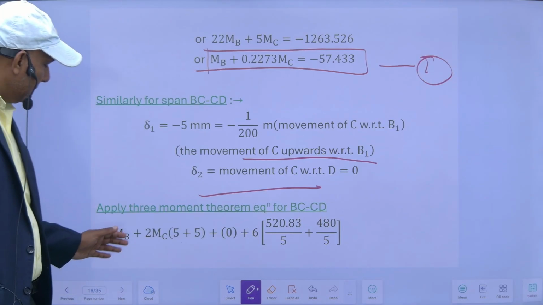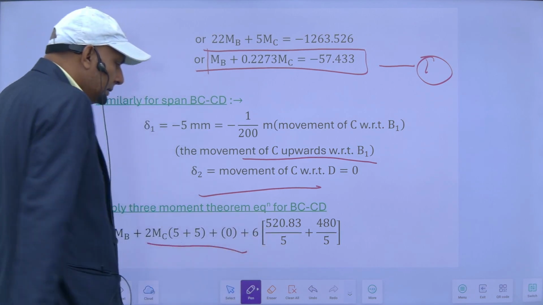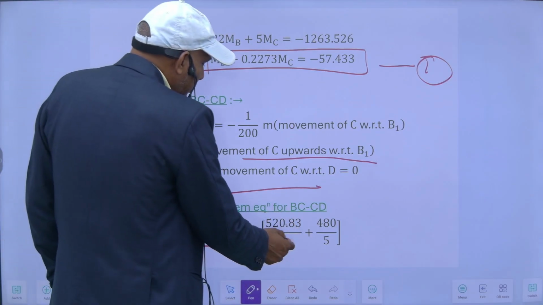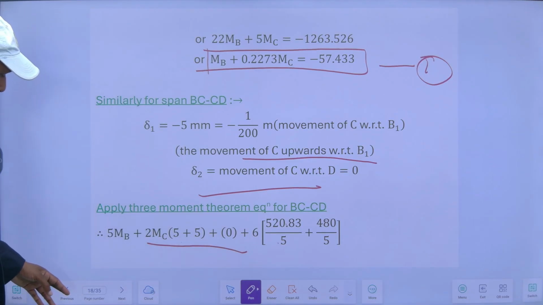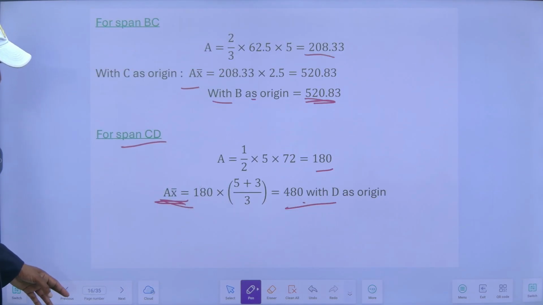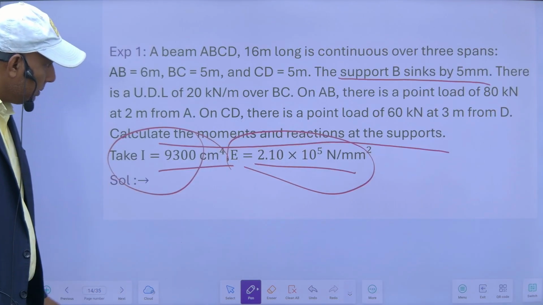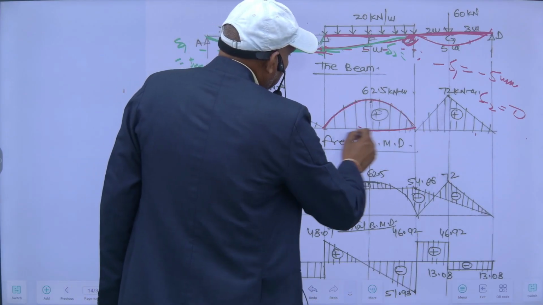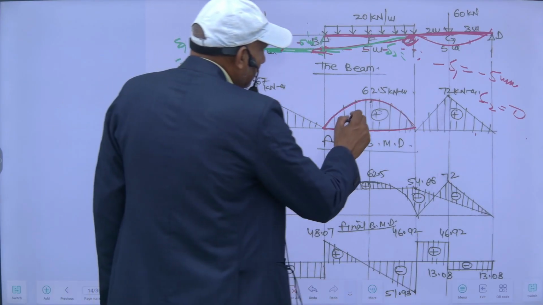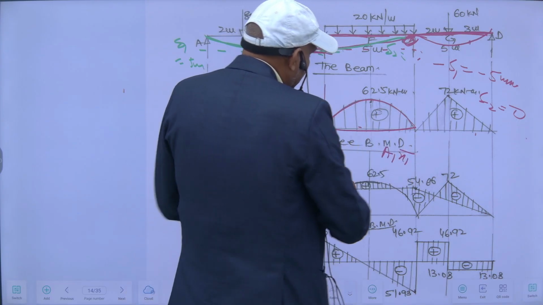So this I will get MB into this, plus 6 A2 X2 upon this one. The area of this will be A1 X1 bar for this when I consider this.